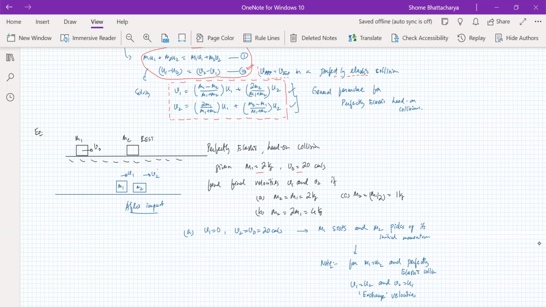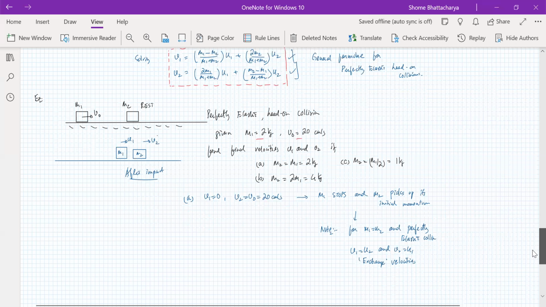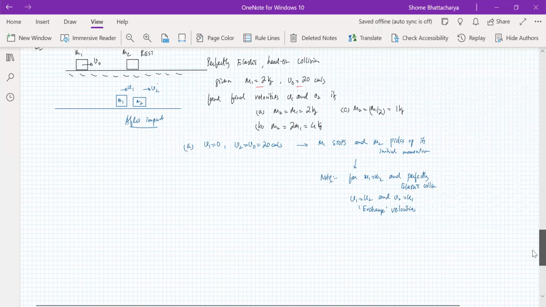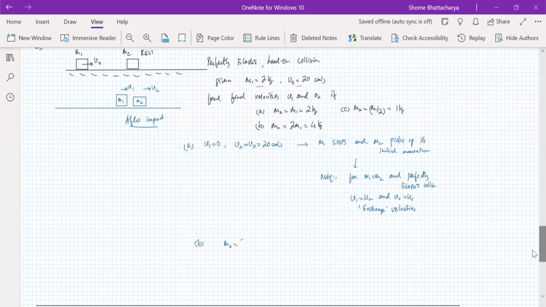Okay, so let's check out the values. Yes, very good. That's correct, Adinath. So you'll see, interestingly, in the second case, where M2 is the heavier object, M2 is equal to twice of M1, or 4 kg. When you substitute for V1, you will get (2 minus 4) upon (2 plus 4) into 20 plus 0.